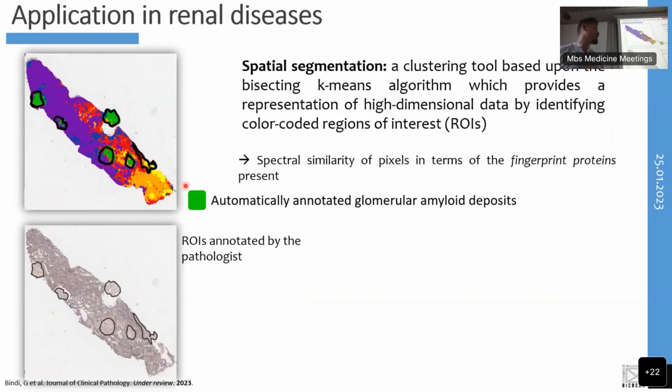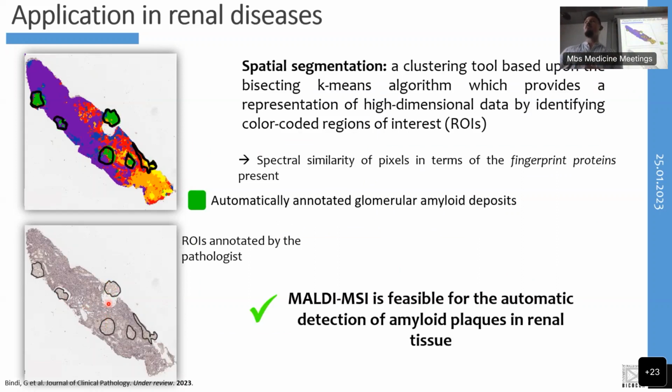Of course, from there, we then confronted the renal pathologist, and he highlighted these amyloidotic glomeruli within the tissue, and there was quite a nice correspondence between the automatic segmentation based upon the MALDI imaging data and the Congo red staining. So the first step was, okay, this can be a feasible tool which can enable the automatic detection of these regions of renal amyloidosis.